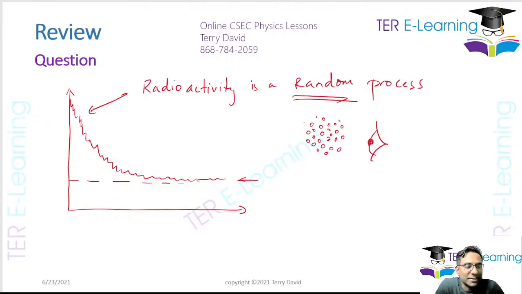So if you are asked this question in the exam, what are you going to say? Why doesn't the graph go to zero? I've seen one answer here, not all of the atoms decay. That's not what we're looking for.